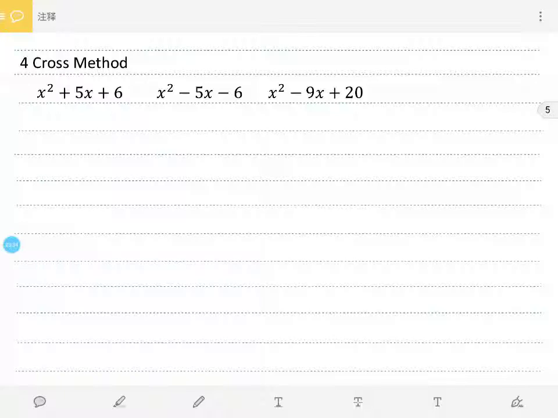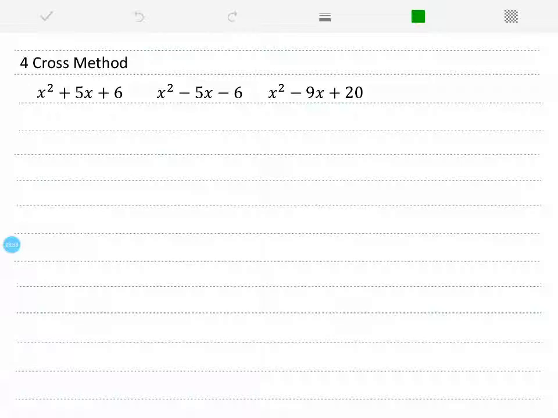Now, let's do the cross method by using examples. Example 1, x squared plus 5x plus 6. How can we factorize this? Remember, implicitly the number before x squared is just a 1. So you factorize this 1, which can only be 1 times 1. You write it in the same column. Then you factorize the 6.